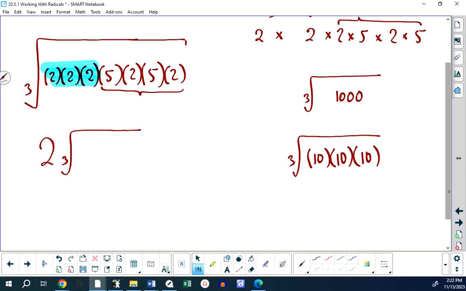Do I have any more triplets in there I can suck out? No. Yeah. You have an extra 2 on the left-hand side. That equals 800. Do I have one too many 2s in what I wrote? Thank you. Thank you, Keegan.